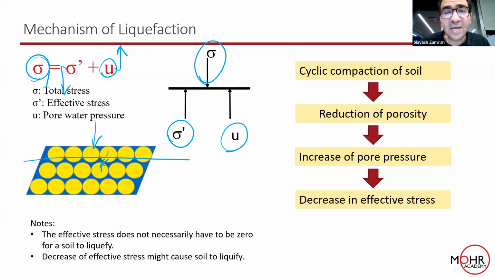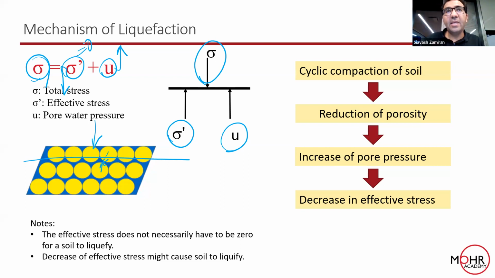Therefore the effective stress decreases during this event, and this decrease can get more significant, and sometimes it reaches zero. Zero effective stress means that we do not have any contact between soil particles.